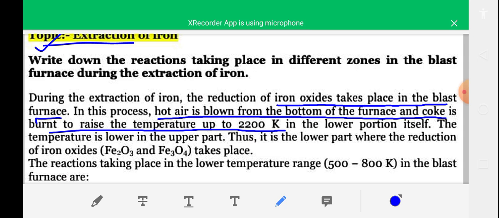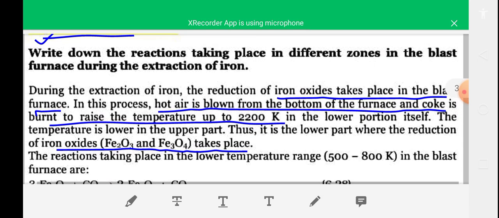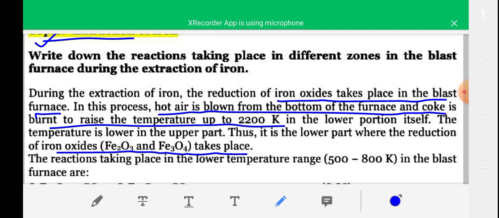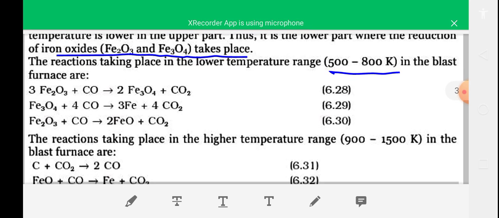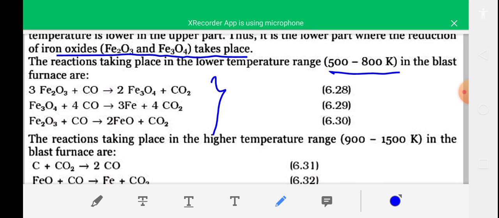Thus in the lower part, where the reduction of iron oxides Fe2O3 and Fe3O4 takes place, these reactions occur in the lower temperature range from 500 to 800 Kelvin.